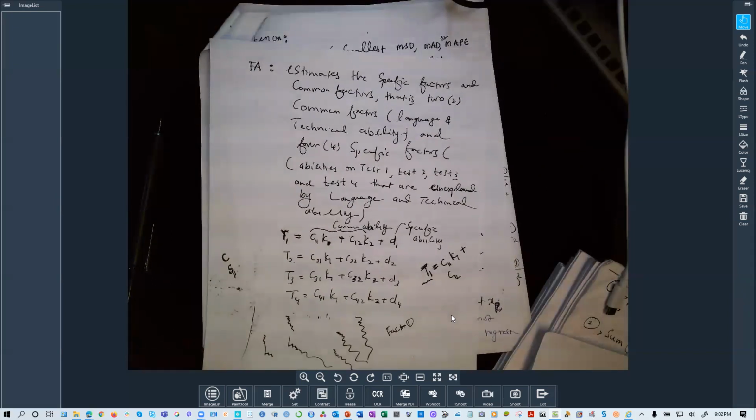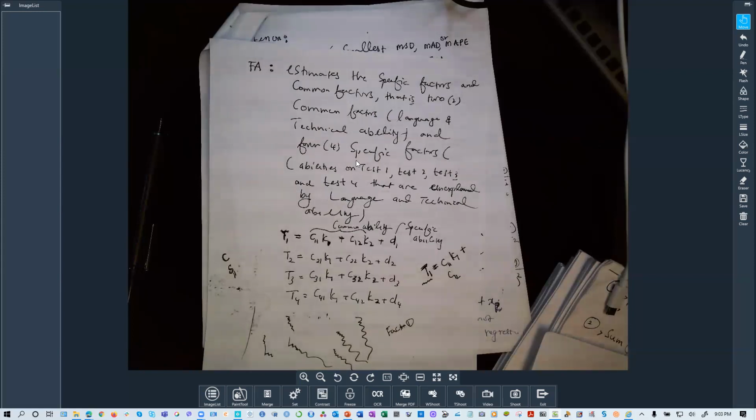Look at factor analysis, FA. Estimate the specific factors and common factors. That is two common factors in this case, language and technical ability, and four specific factors, ability on test 1, test 2, test 3, and test 4, that are explained by the language and technical ability.